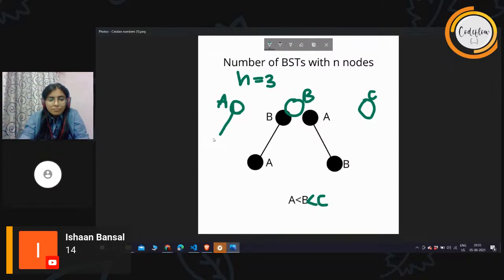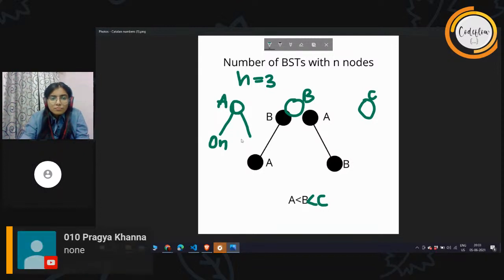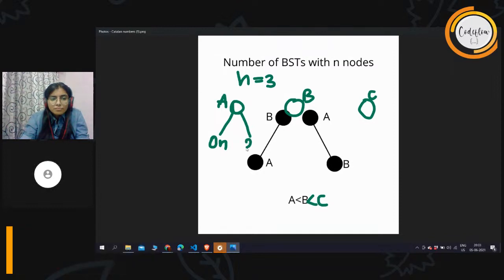None. Okay. So here you have 0 nodes. How many nodes are possible on the right side? 2 nodes, right?